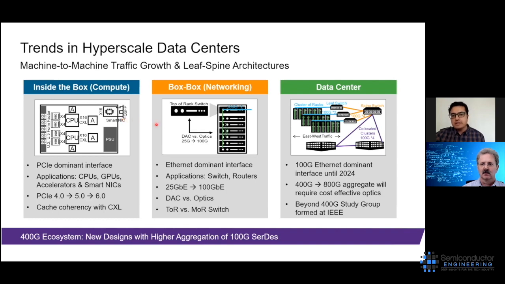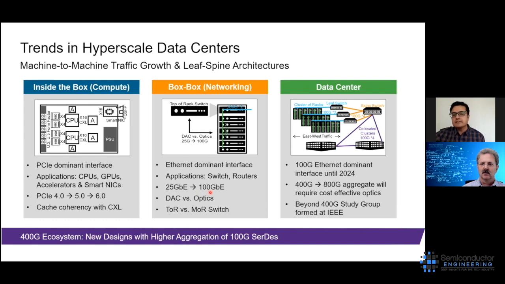That Ethernet brings us to the next part of this interconnection, which is box to box, or rack unit to rack unit. Within a server rack, you will have multiple rack units, which are connected using cables, which are direct attached copper. These are copper cables, which are typically 1 to 3 meters long. These were previously 25 Gbps Ethernet. Now they are moving to 100 gig Ethernet.